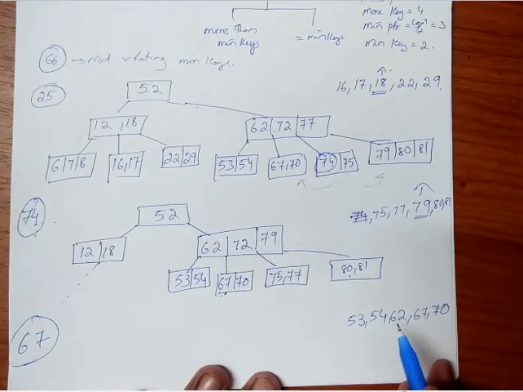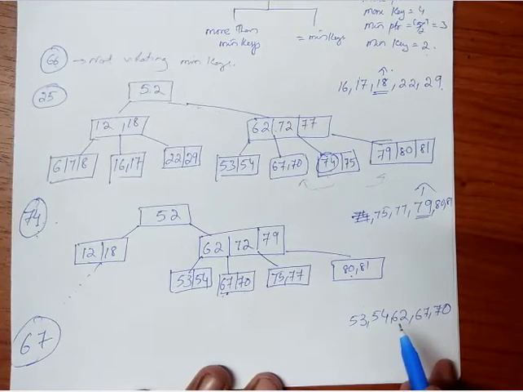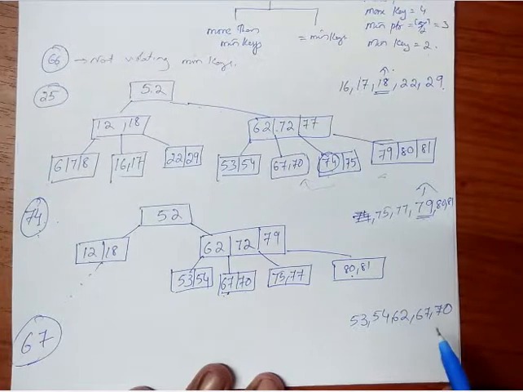Here I have taken the left sibling. The left sibling contains 53, 54 and the parent 62, 67 and 70. You can also merge it with the right sibling. Since both siblings contain the same number of data values, we can choose either. It is better to choose left.